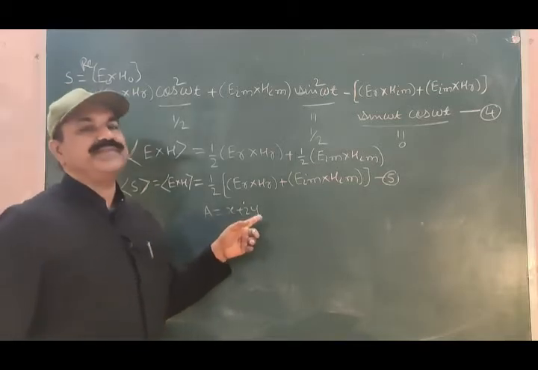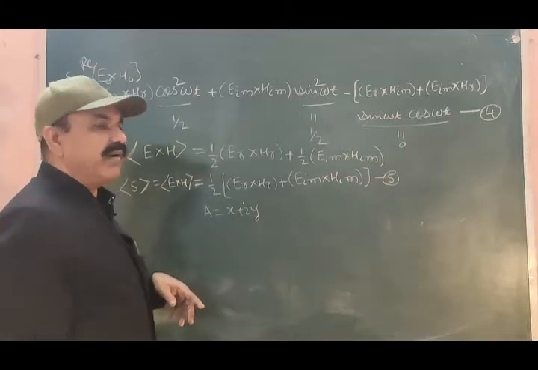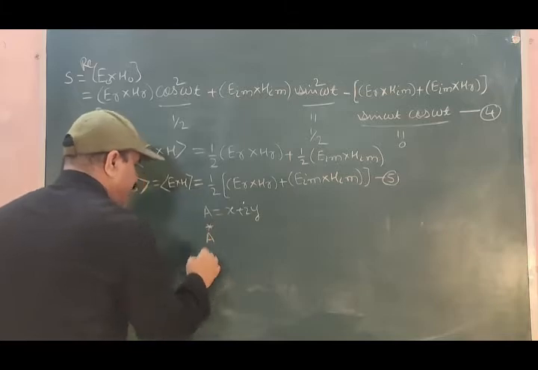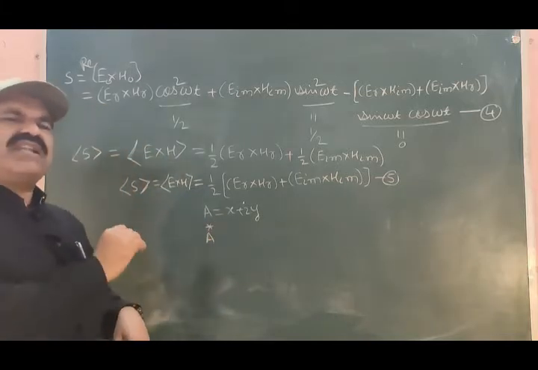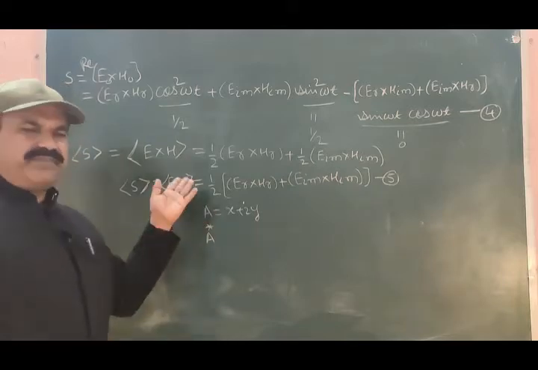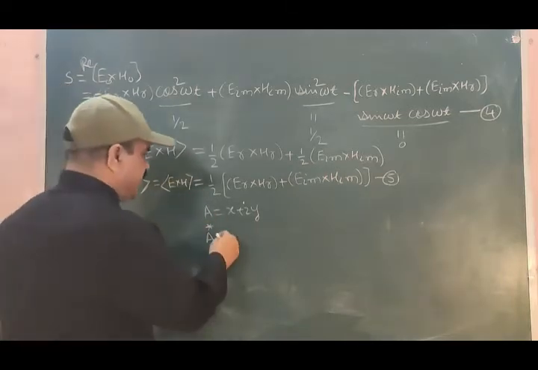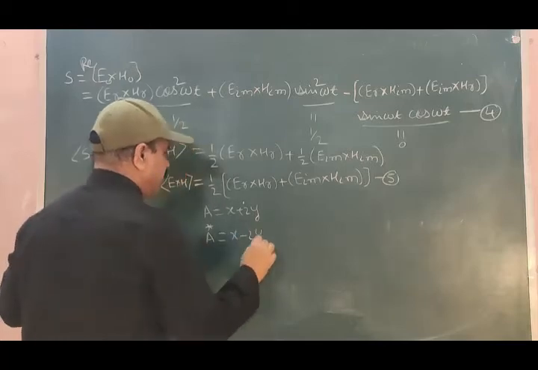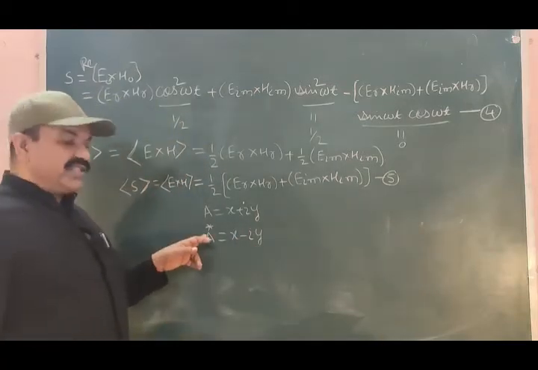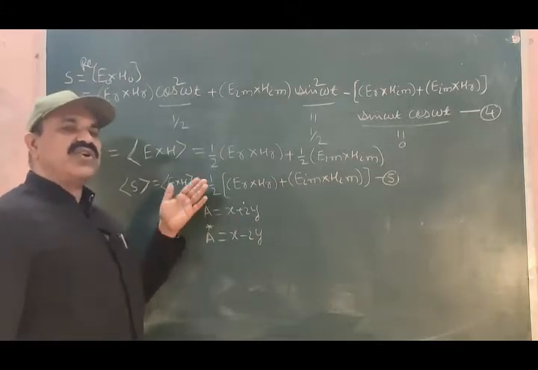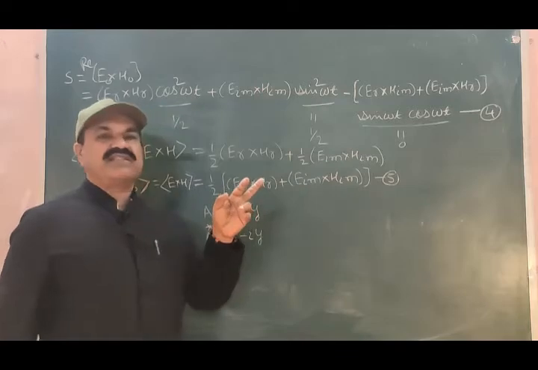If this is the complex number, its complex conjugate, you may write A bar or A star. Let me write here A star. This A star will be equal to x minus iy. This A star is known as the complex conjugate of this complex number.